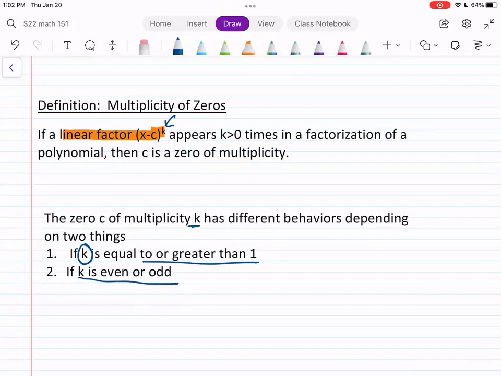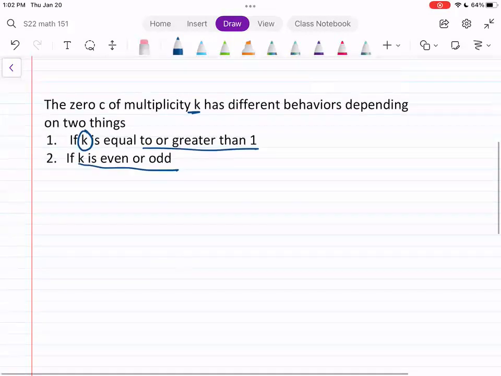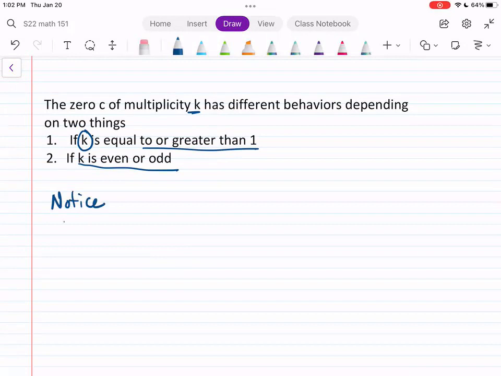We've talked in previous videos about being able to determine if the right side and the left side of a graph are going to go in the same direction. Well, this is coming into play here. Notice the difference. If I have something like x minus 1 cubed, we know from our previous discussions, because the leading coefficient is positive, the right hand is going to go up.